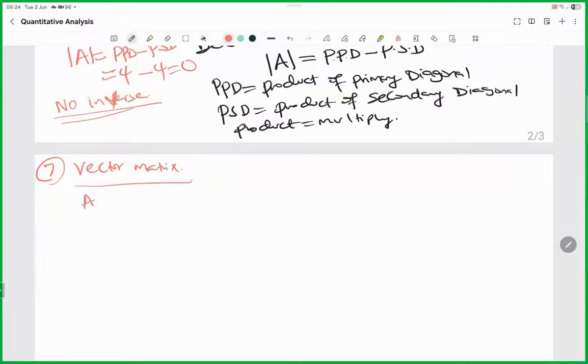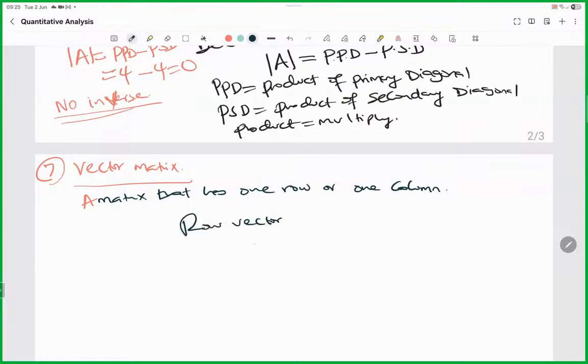A matrix that has 1 row or 1 column, like this. We can talk of a row vector, e.g., A equals 2, 4, 6. This is a row vector matrix. It has only 1 row.